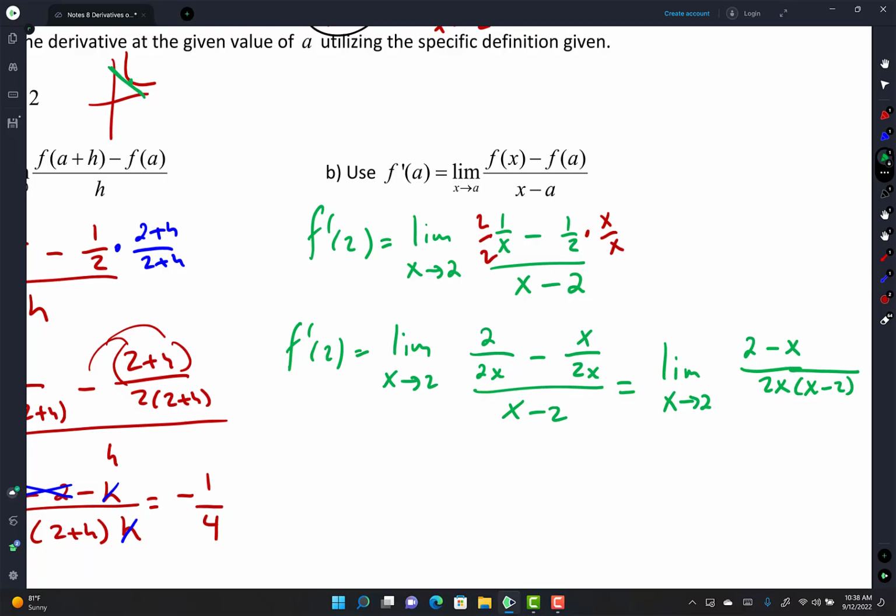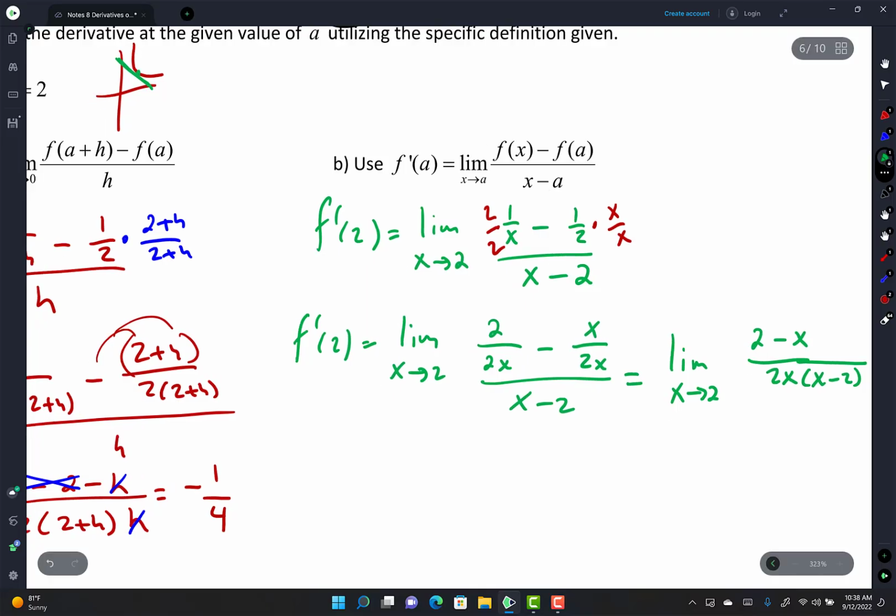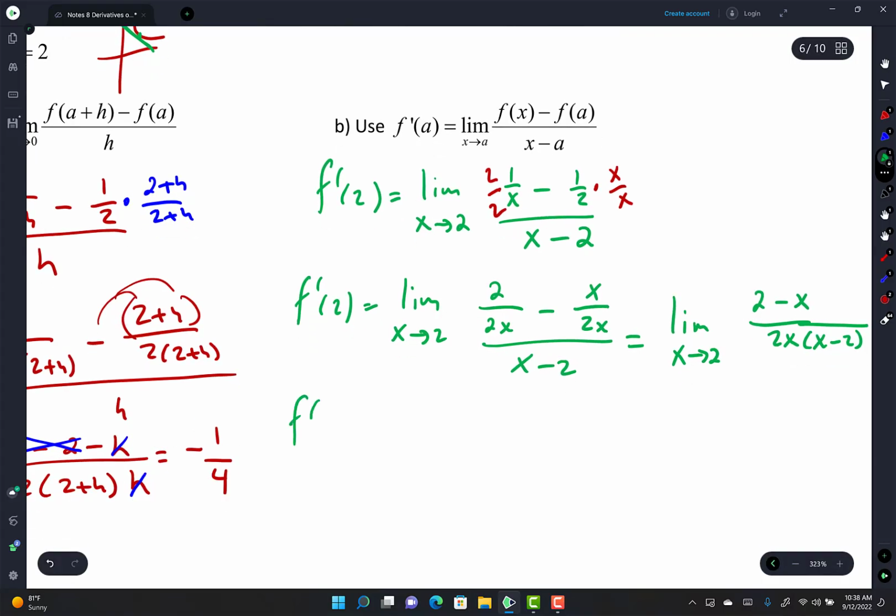I can't cancel out just yet, because I need the polarity of the numerator to be opposite. I need the x to be positive, and I need the 2 to be negative. So what can I factor out in the numerator? A negative 1. F prime of 2 equals the limit as x approaches 2 of negative x minus 2 over 2x times x minus 2.